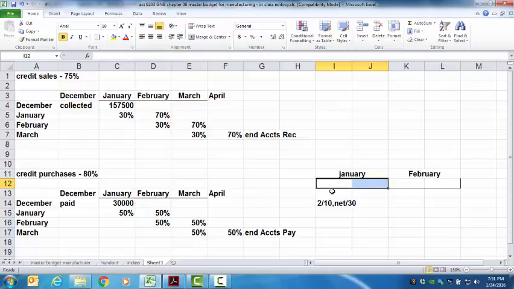And if you bought something between the 11th and the 20th, you've got to pay for that between the 21st and the 30th to get a discount. And if you bought something between the 21st and the 30th, you've got to pay that within the first 10 days of February. So notice what happens this time. You're paying for two pieces in the month in which they were bought, and the other piece follows over here in February. So this wouldn't be 50-50. It would be like 2/3 and 1/3, or 67% and 33%. So the discount terms are driving how I'm paying for this.